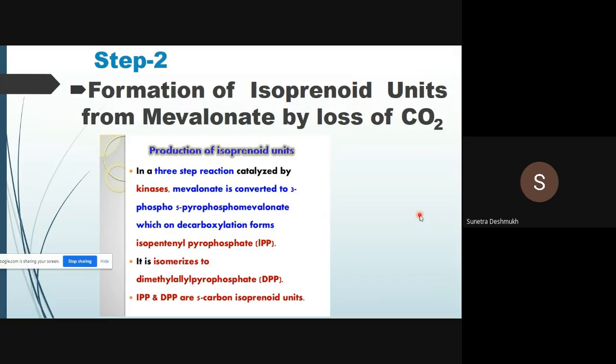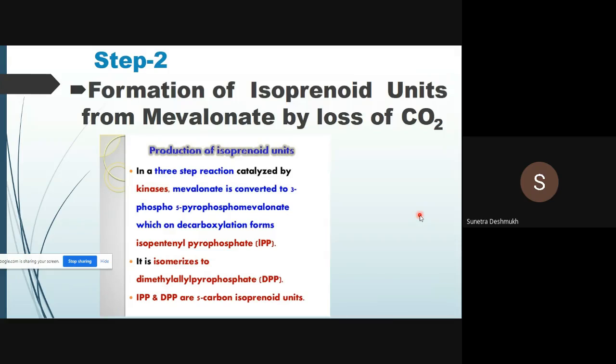Their production is a three-step reaction catalyzed by kinases: mevalonate is converted to 5-pyrophosphomevalonate, which on decarboxylation forms isopentenyl pyrophosphate (IPP). It isomerizes to dimethylallyl pyrophosphate. So IPP and DMAPP are interrelated, isomers of each other.